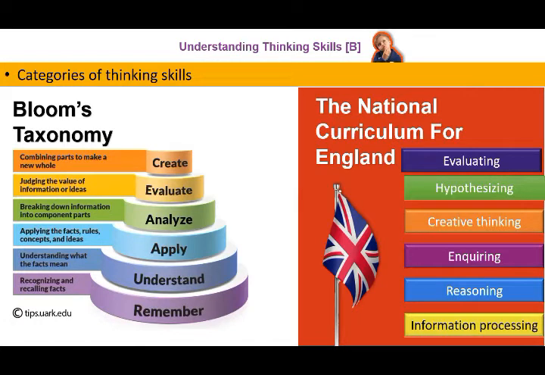This corresponds with analyzing. So inquiring in the national curriculum corresponds with analyzing in Bloom's taxonomy.